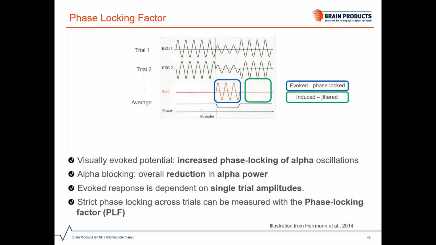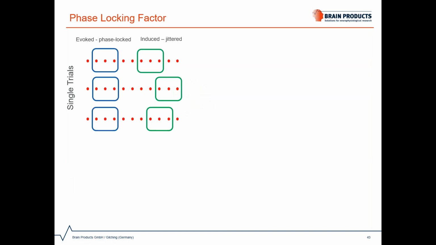In order to find how strong phases are locked to the event, we need to look at how reliably the same phase occurs at a given time in each segment, or whether phases are jittered and more randomly distributed across segments. This can be done with the phase locking factor. Let's see how it's computed.